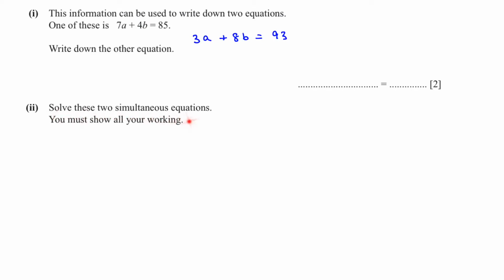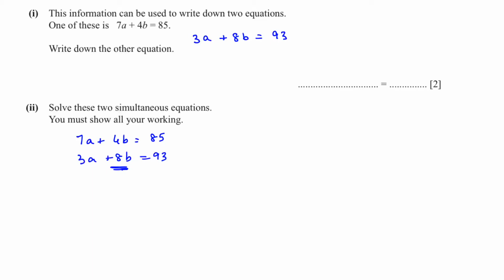Solve these two simultaneous equations. You must show all your working. We'll use the elimination method. We have 7a plus 4b is equal to 85 and 3a plus 8b is equal to 93. You have to decide what you want to eliminate. I'm choosing to eliminate b.